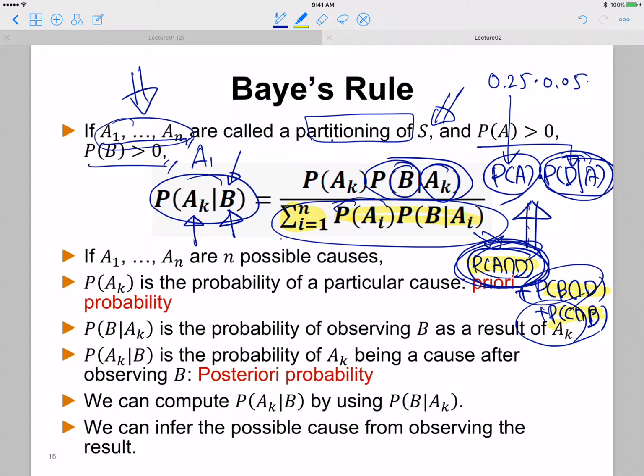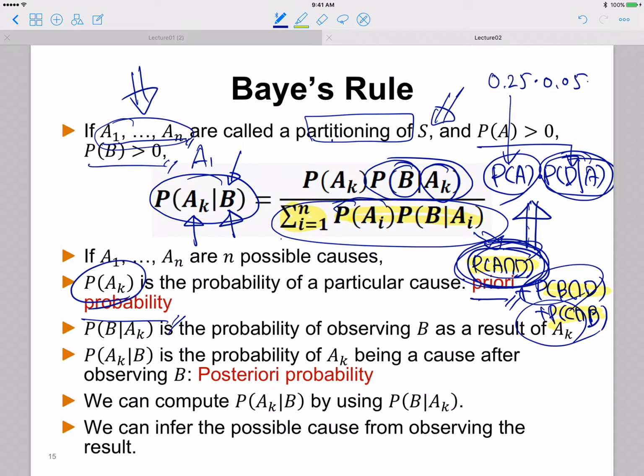Okay, and so in terms of this order, this one, which happens first, and its probability distribution between different cases of manufacturing machine, is a prior probability, because it happens first.